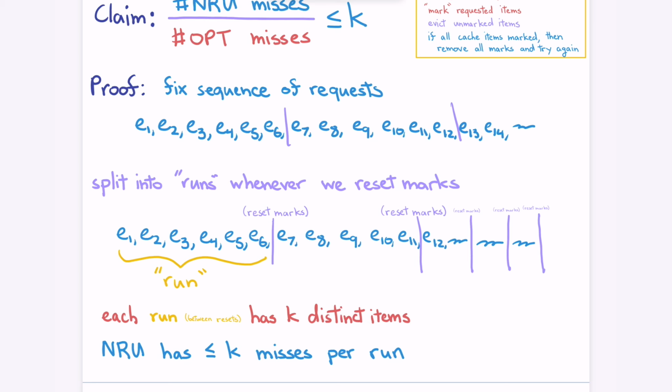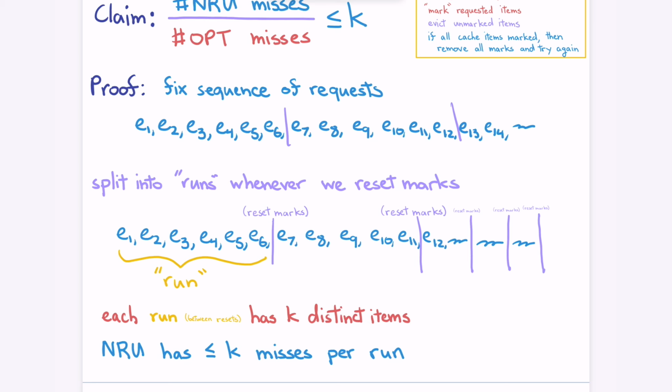This is a great start for our analysis. Now, if I can show that any algorithm has to make at least one mistake in each run, then in each run we make k mistakes, while any other algorithm, no matter how smart, has to make at least one mistake. Then we get our k to 1 ratio.